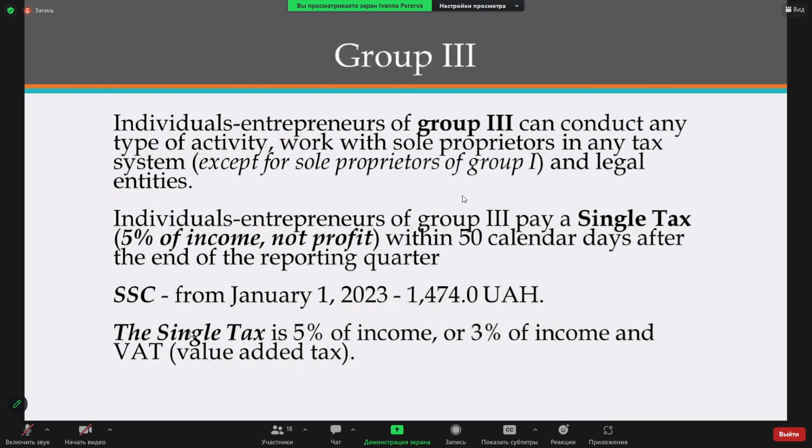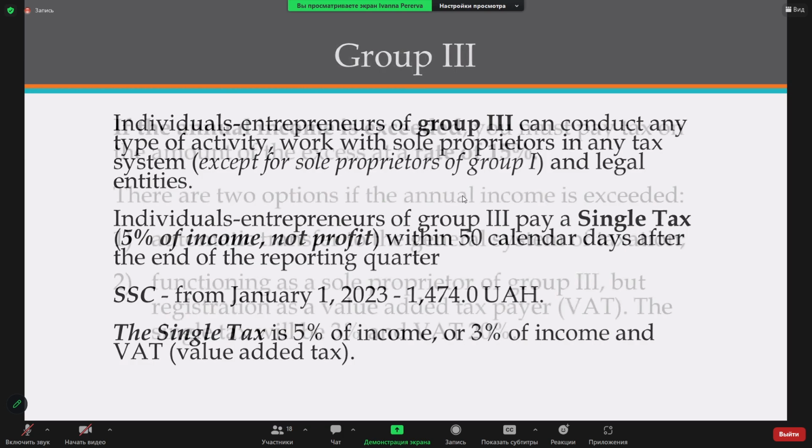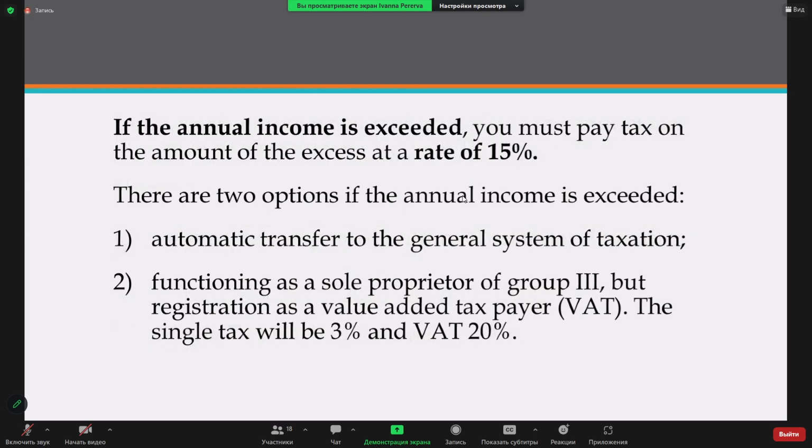And the third group, which is the most popular, could use different forms of taxation, and it depends on your desire. And here are some requirements: what will happen if your annual income is more.